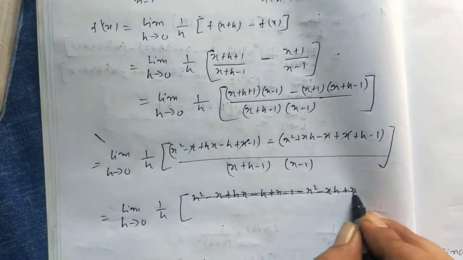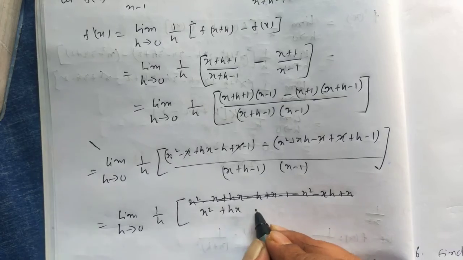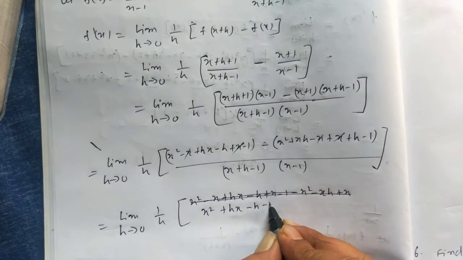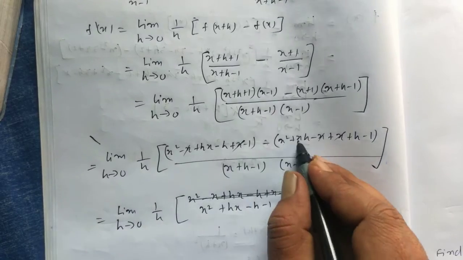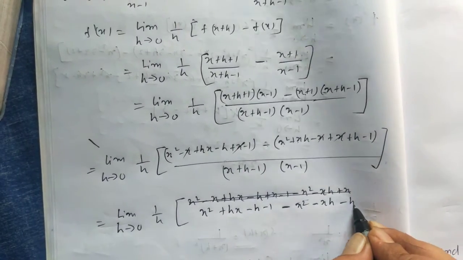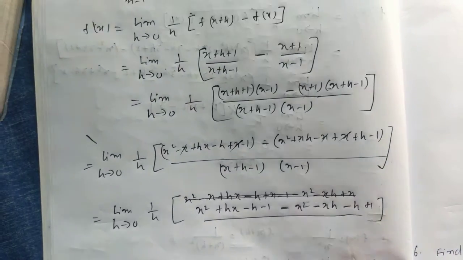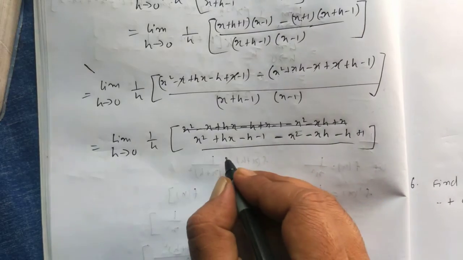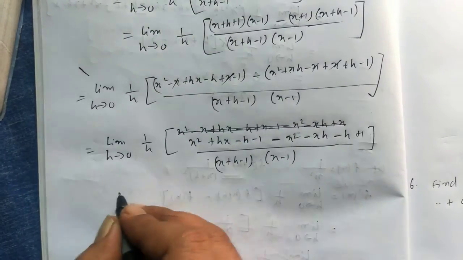So we don't have to write this, we can write x² + hx - h - 1 - x² minus plus is minus xh - h + 1, over (x + h - 1)(x - 1).